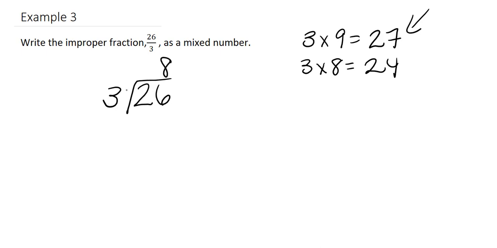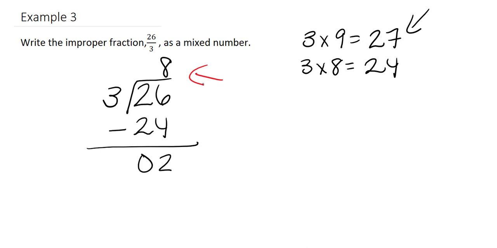So we're going to go ahead and go 3 times 8, which is 24. We put the product below. Then we go ahead and subtract. 6 minus 4 is 2, and 2 minus 2 is 0. Let's go over what our numbers mean. The 8 is the whole number, because that's how many times it can go into it completely.